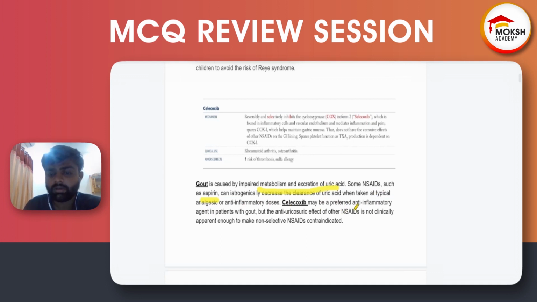Celecoxib may be preferred as an anti-inflammatory agent in gout, but the anti-uric effect of other NSAIDs is not clinically apparent. So there is no problem with using non-selective NSAIDs for gout over celecoxib.